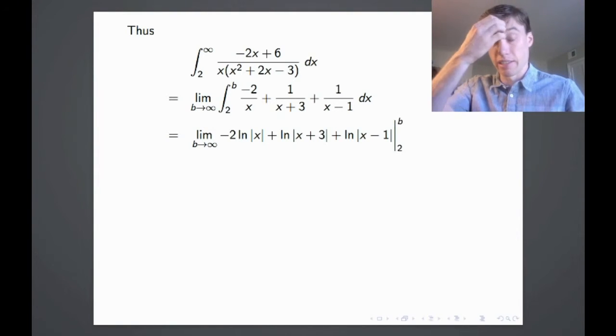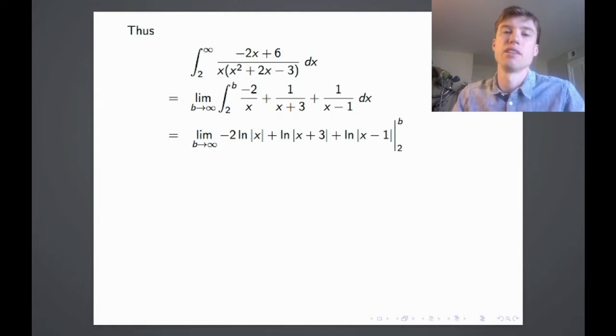Negative 2 over x integrates to negative 2 log absolute value of x. 1 over x plus 3 integrates to log of absolute value of x plus 3. 1 over x minus 1 integrates to log of absolute value of x minus 1. We will evaluate this expression from 2 to b and then take the limit as b goes to infinity.